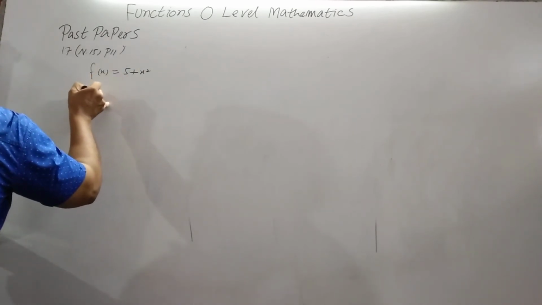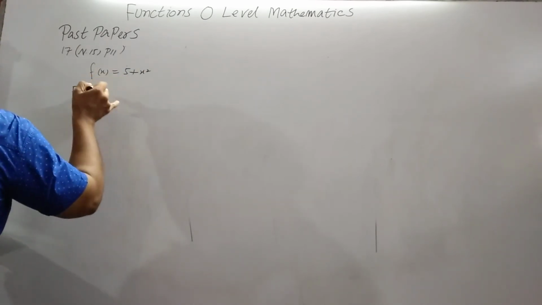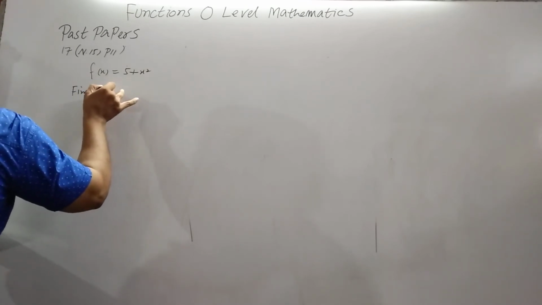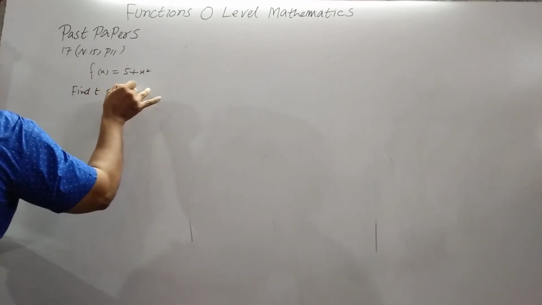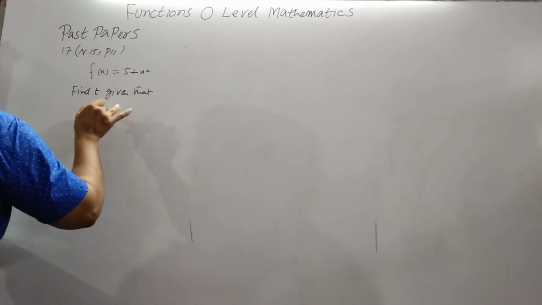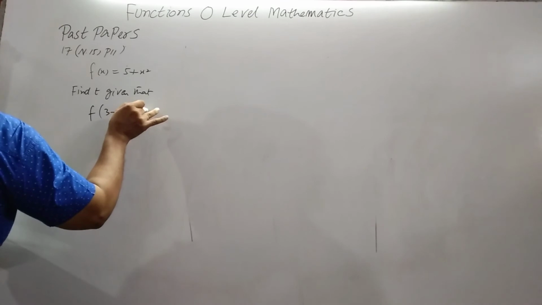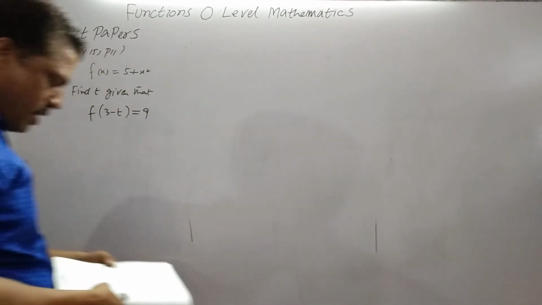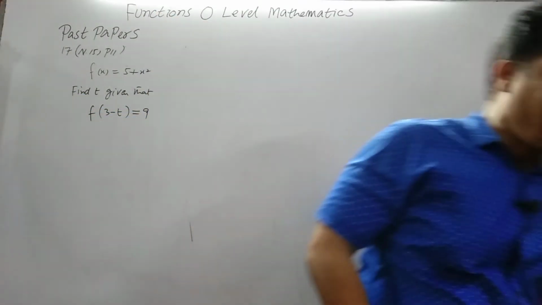Find t, given that f of (3 minus t) is equal to 9. Very easy, very interesting question.